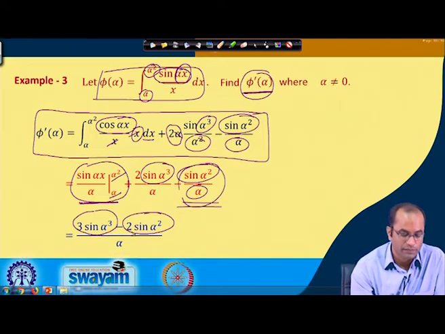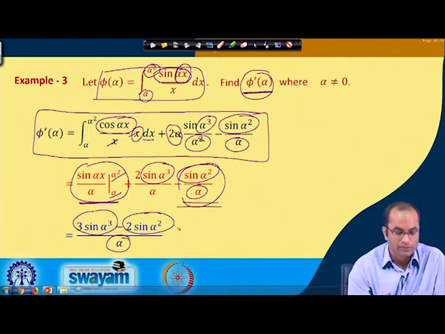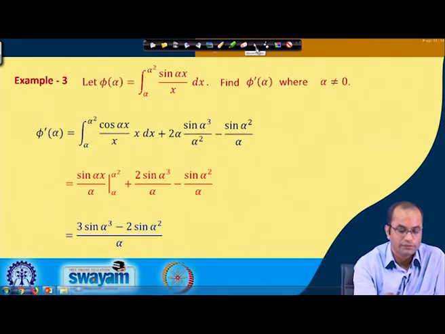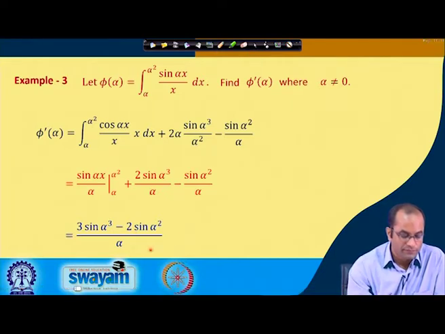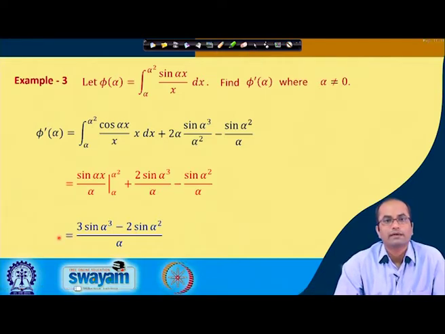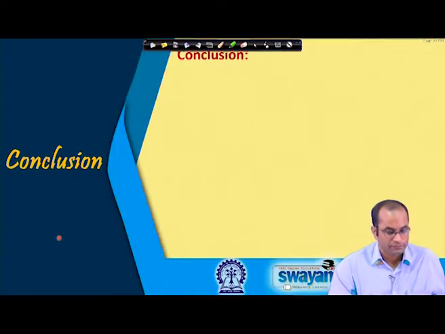So, this will become minus 2 sin alpha square divided by alpha. So, that is the value of this integral, 3 sin alpha cube minus 2 sin alpha square over alpha. This was the direct application of the Leibniz rule.